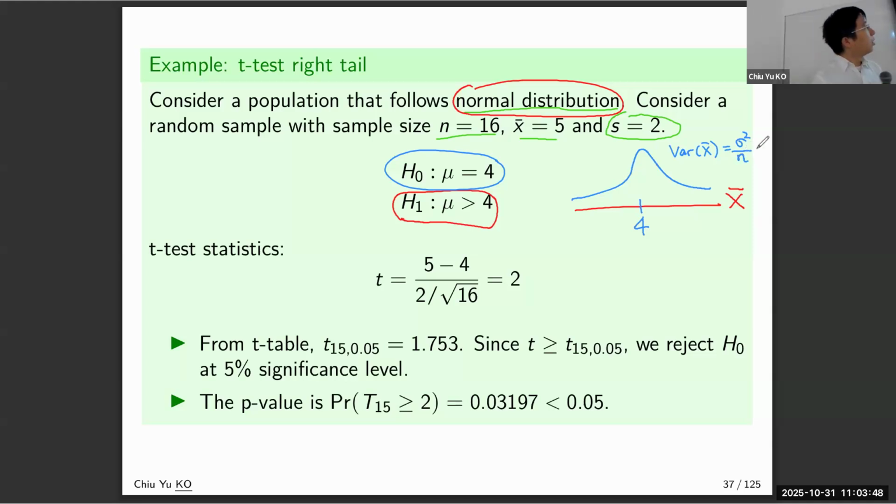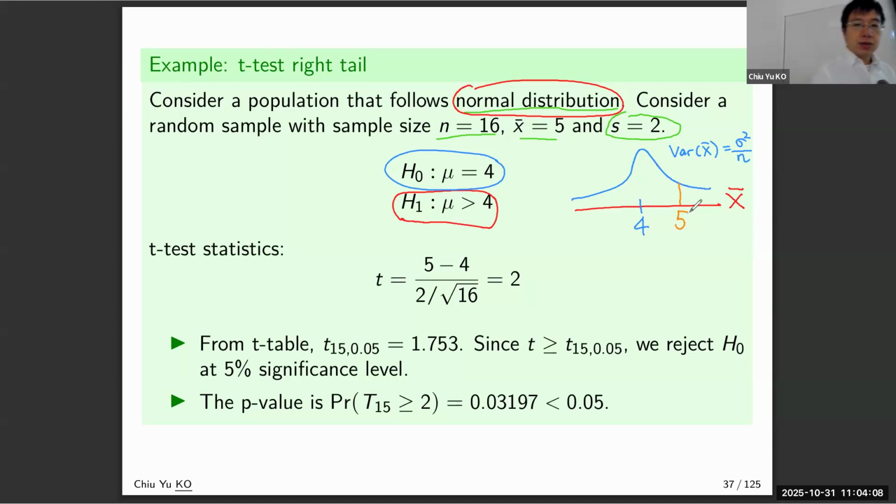We know n, but we don't know sigma, so we don't know how spread out this bell is. Is it a very spread out bell or a very concentrated bell? We don't know. What we know is the data is here, 5.